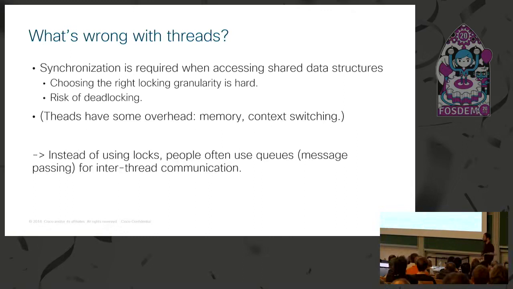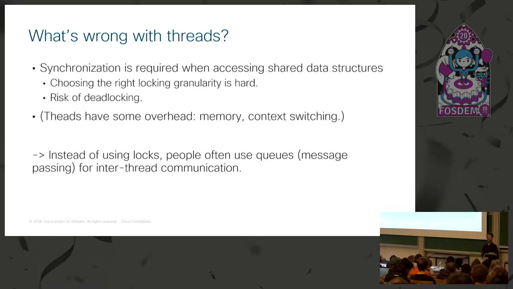Or you use many small fine-grained locks, for example one lock for each data structure to protect it from being modified by other threads, and then you have the risk of deadlocking. There are ways to prevent that, like some guidelines, but it's very hard to get right. And then threads have some overhead, not a lot, so it's not really the main reason not to use threads, but still they have a bit of overhead.